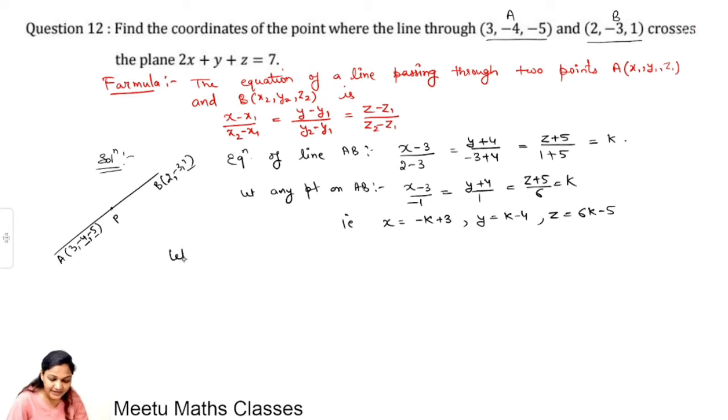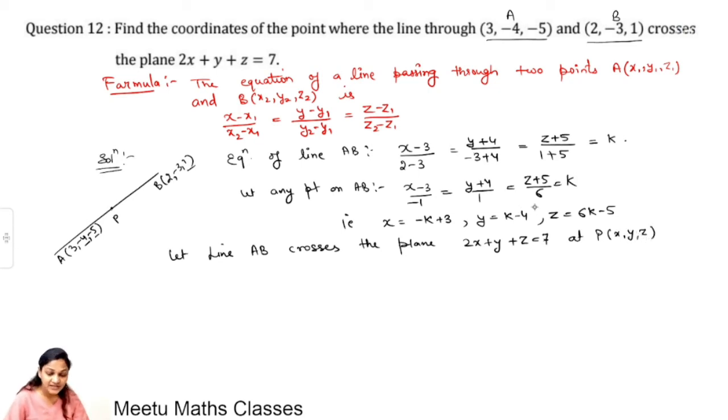Suppose line AB crosses the plane 2x plus y plus z is equal to 7 at P with coordinates x, y, z. Then P must satisfy the equation of this line. Or this general point on the line must satisfy this plane. So we can substitute the values of x, y, z in this plane.